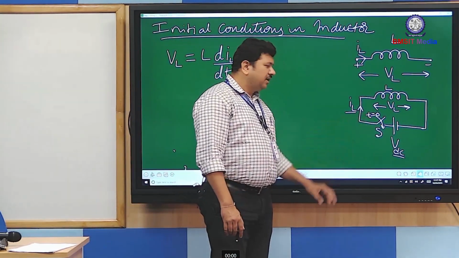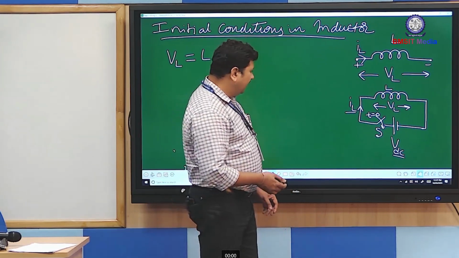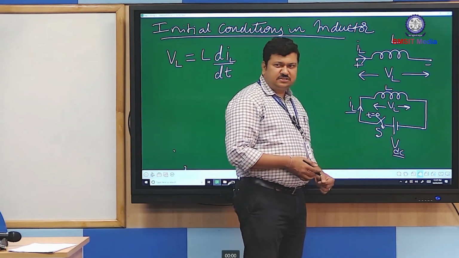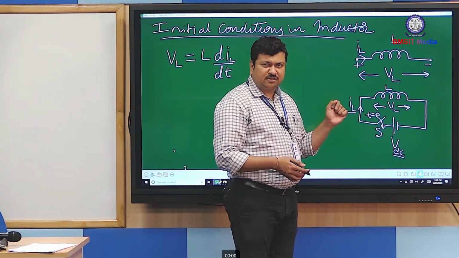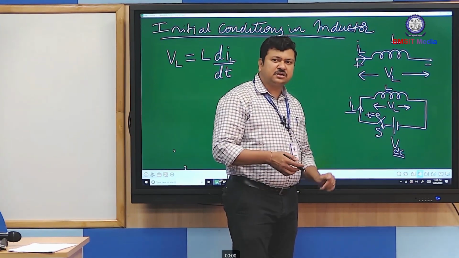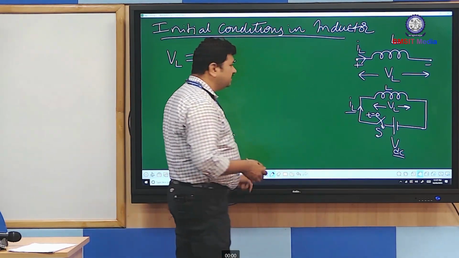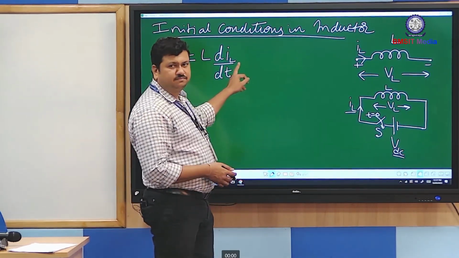The moment I close the switch, the steady state occurs in the system, a steady DC voltage is applied, and a steady current IL will flow through the inductance. This steady current IL is a constant current, and if I take the differentiation of that constant current, then it will be 0.